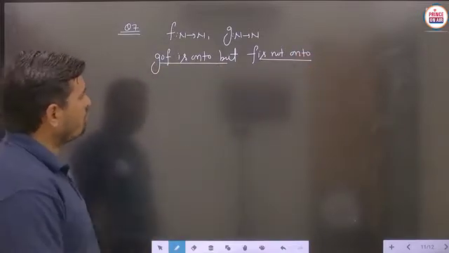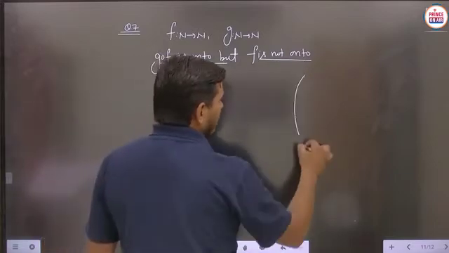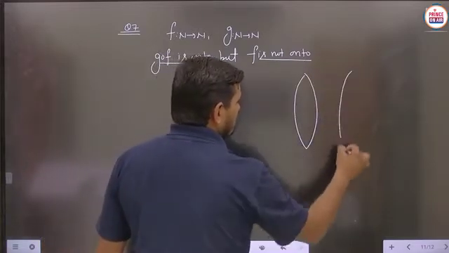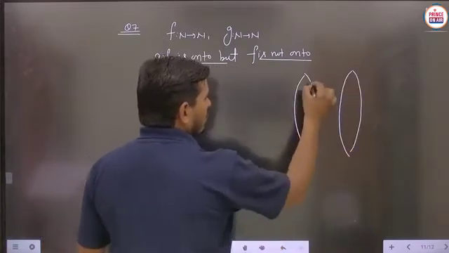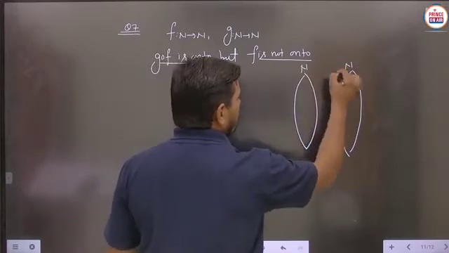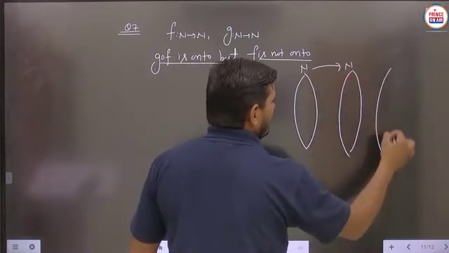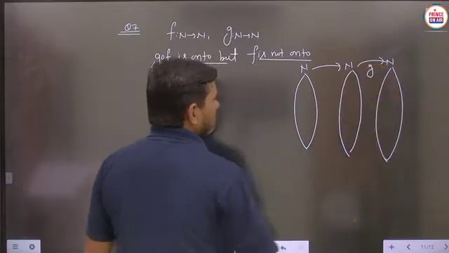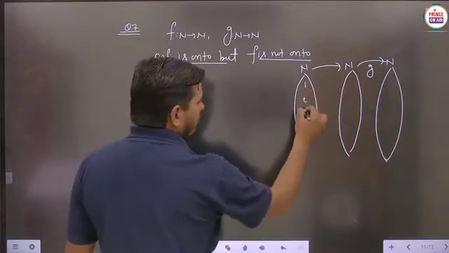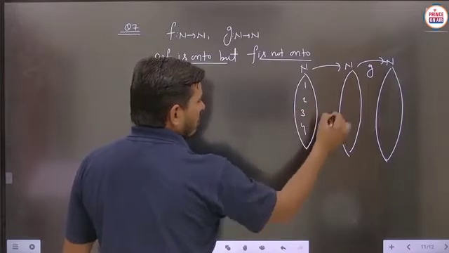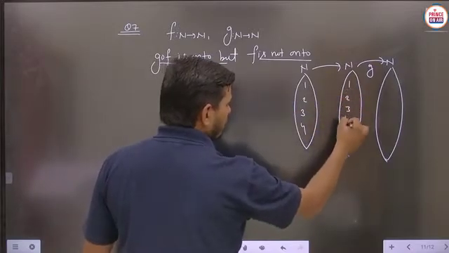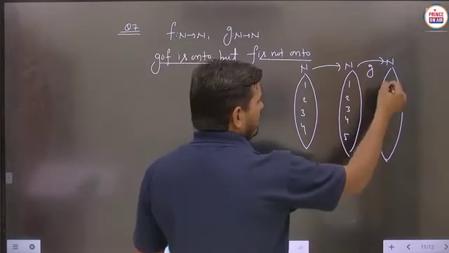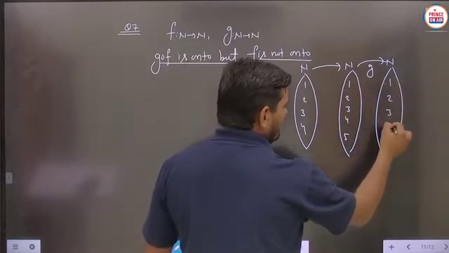So again, we have to make some kind of mapping here. So this is f and g. Here we will write 1, 2, 3, 4, and here 1, 2, 3, 4, 5, and again 1, 2, 3, 4, 5.